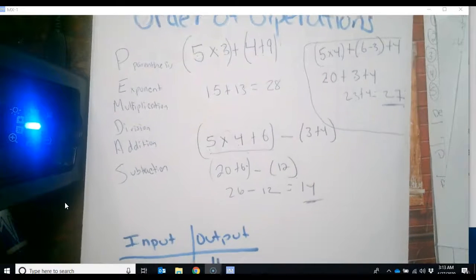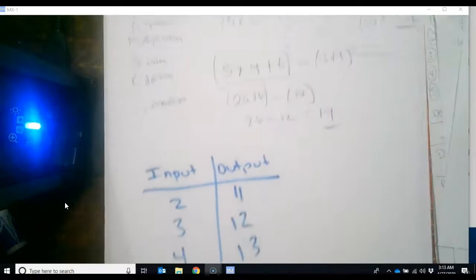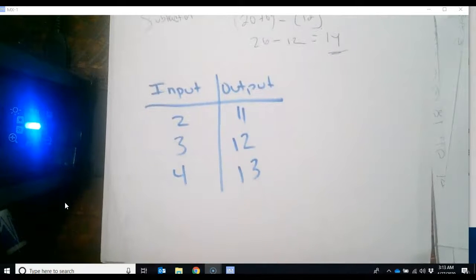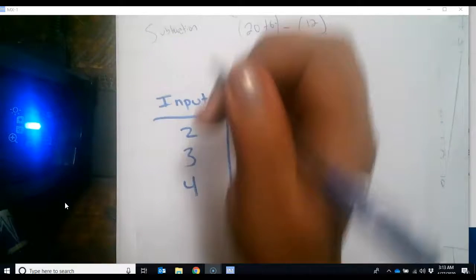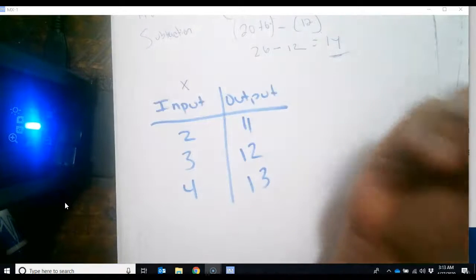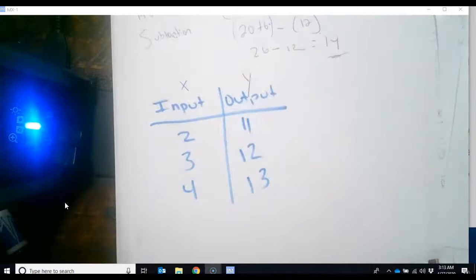Remember, Khan also has more videos if you're still having trouble. There's another part in this section with algebraic thinking in Khan Academy that we did cover in class. We actually covered it the last week we were together, and that's input and output and graphing those inputs and outputs. And if you recall, my input is my x-axis and my output is my y-axis.